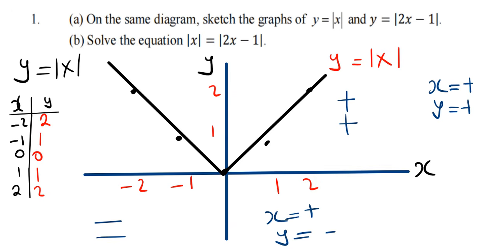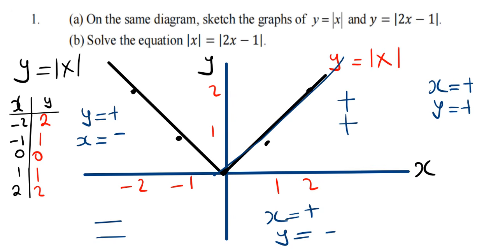The opposite is true for this quadrant: y will be positive, x will be negative. So in our case, all of them are positive, so it is in this quadrant, and it's supposed to be a V. You can put the V on the other side. So that is how we solve the first graph.